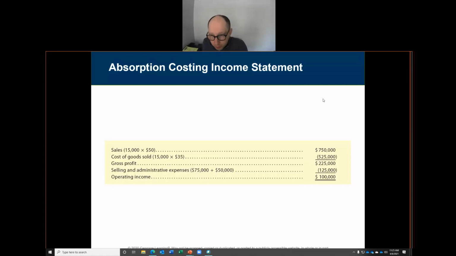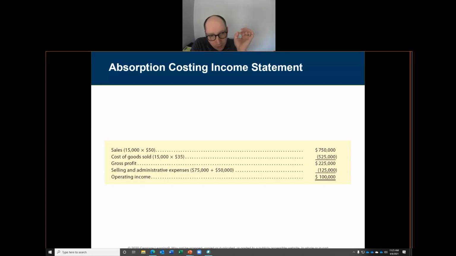This is absorption costing. Now here's the difference, okay? Because we're going to look at variable costing here in a second. Under the absorption costing model, you see that we have both fixed and variable costs absorbed.